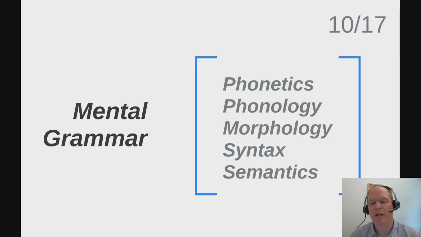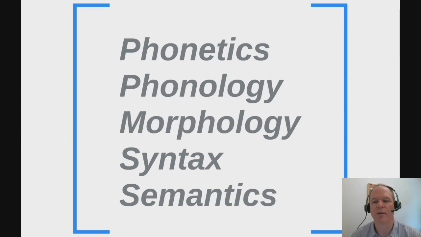But really what they're saying is that there's something like a mental organ. There's a grammar that's evolved that's a part of how our brain works. And it breaks down into certain levels. So phonetics, those sounds, the articulation and perception of sounds that we use in language.